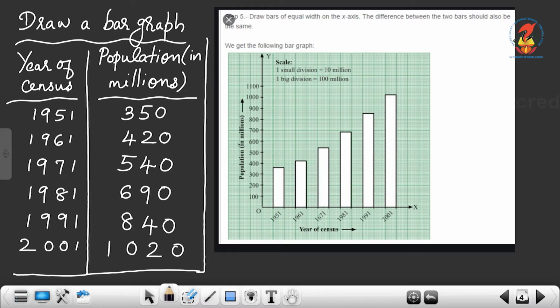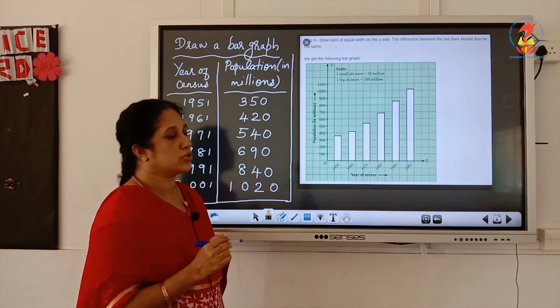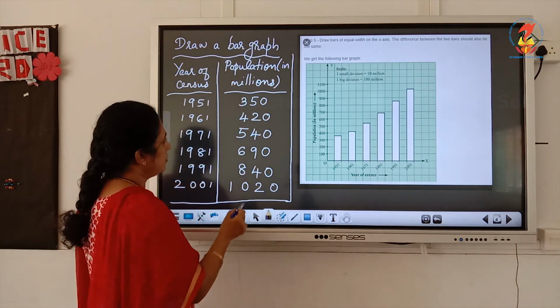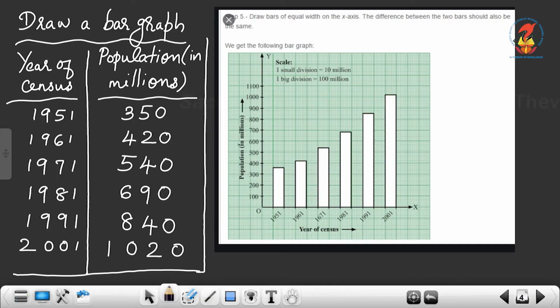Now look at the numbers given. Based on the numbers we have to select a suitable scale, that is the next step. Then look at the minimum value, 350 millions, and the maximum value is 1020 millions. So look at the graph sheet.